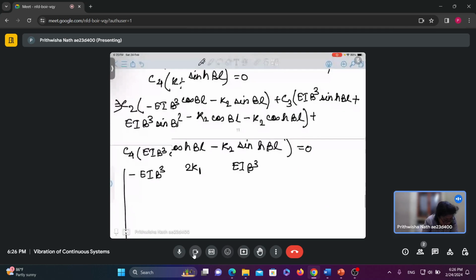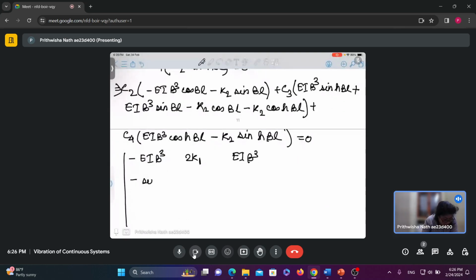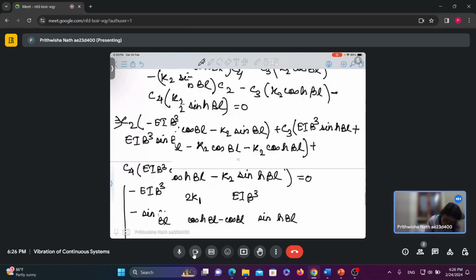This was minus sine beta L, cos hyperbolic beta L minus cos of beta L, and for C4 it is sine hyperbolic beta L. Now for the fourth equation.